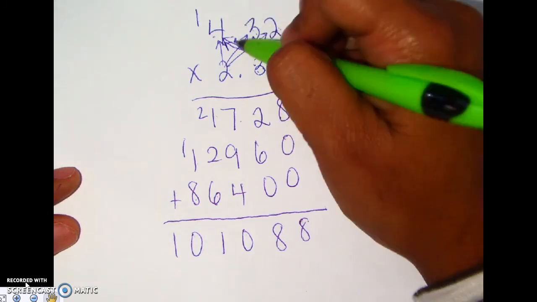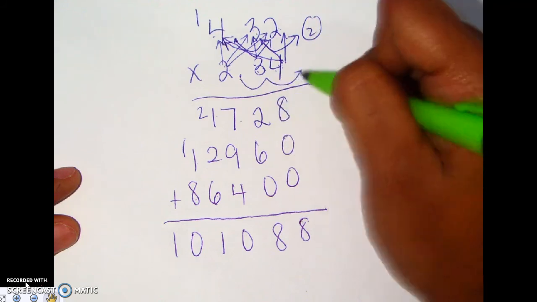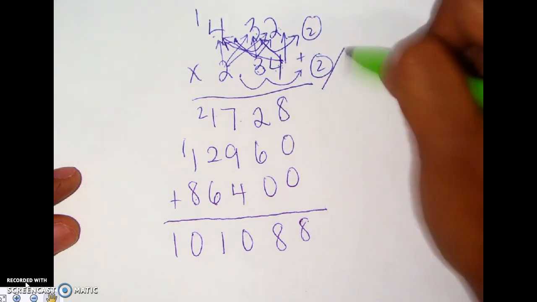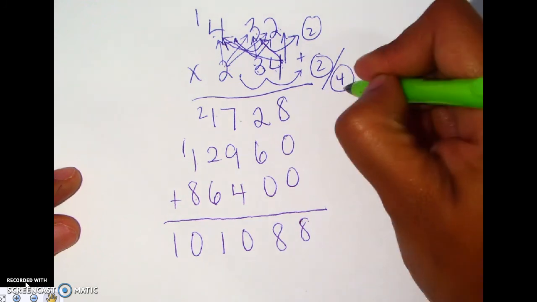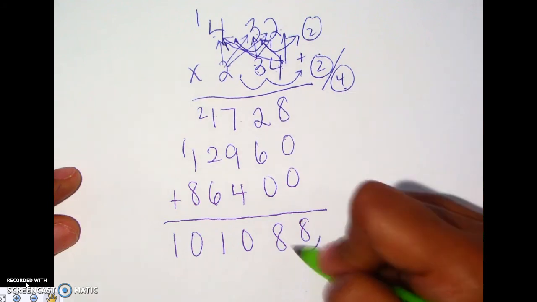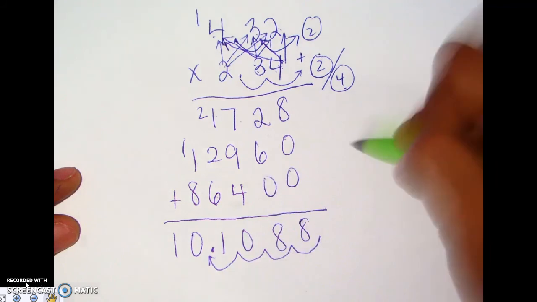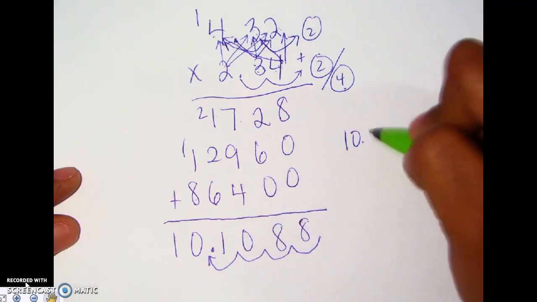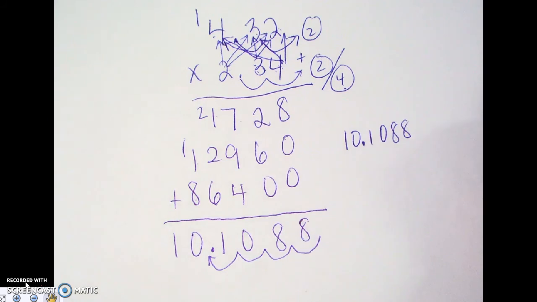So I'm going to swing 1, 2. I'm going to swing out of this one, 1, 2. It all combines together. We add them, and then we swing into the final answer. So imagine they're coming out, they're coming into the answer. We're going to swing 4. 1, 2, 3, 4, right here. So the final answer to number 8 is 10.1088. Okay, pretty straightforward for the swinging.